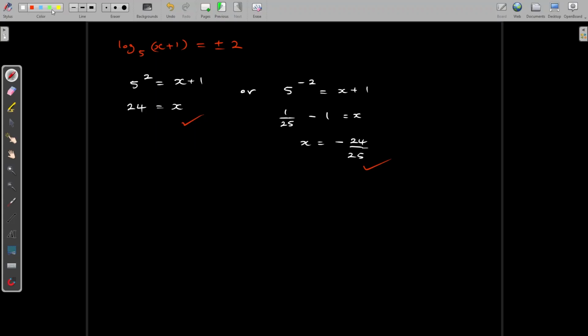Alright, so I guess everyone is good. So let me put some homework questions and then we'll look at the last topic, which would be simultaneous equations with logs and exponents. Solve the following.